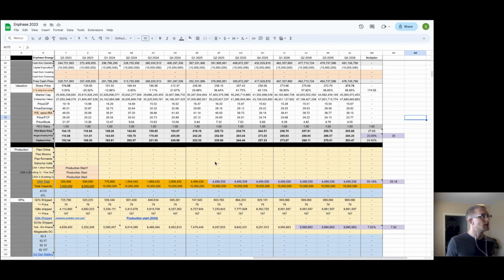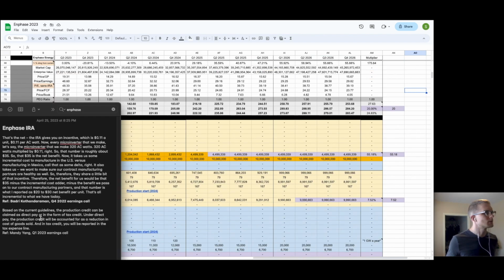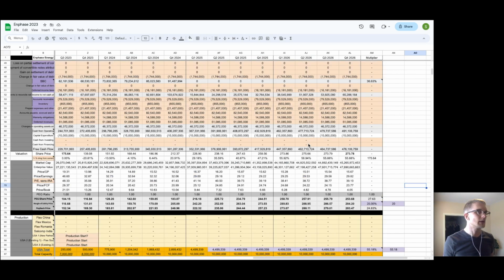The final thing that I forgot to talk about earlier is the IRA incentive. This is a quote from Badri from the Q4 earnings. To paraphrase, Enphase basically gets $20 from every inverter that is made in America. So that's another thing that was calculated into the effective tax rate.